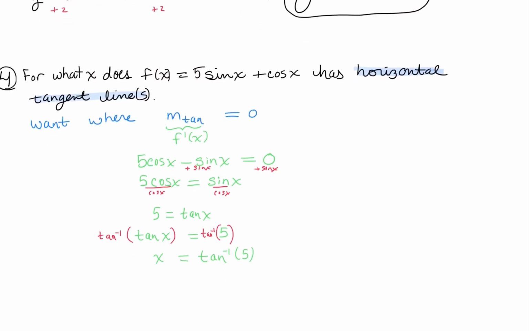Now let's think about this for a second before we jump in and do it exactly for this value of 5. What I want us to think about is, what if this was an easier point? Just for a second, suppose that we had something much nicer, tangent of x equal to 1.